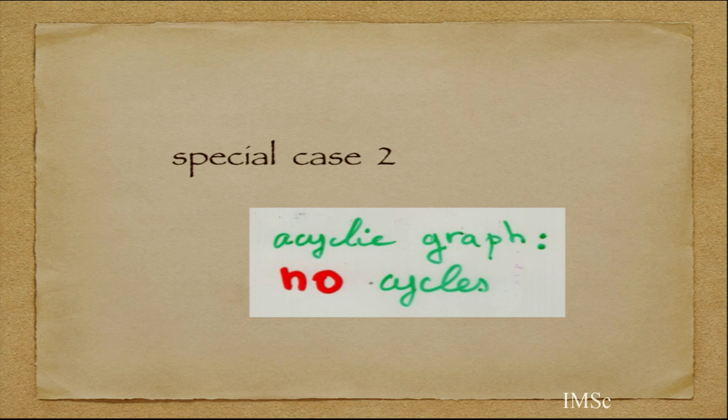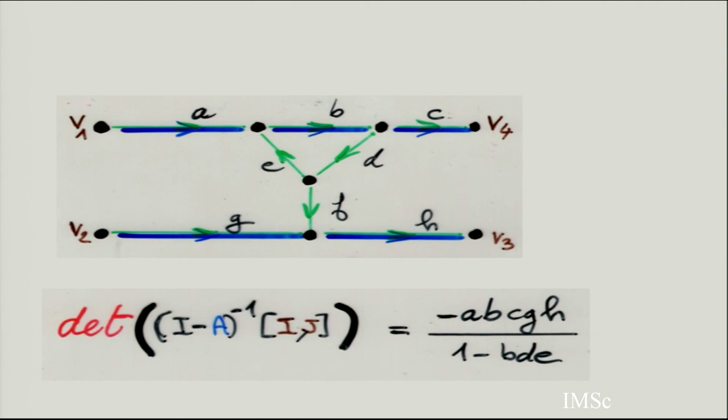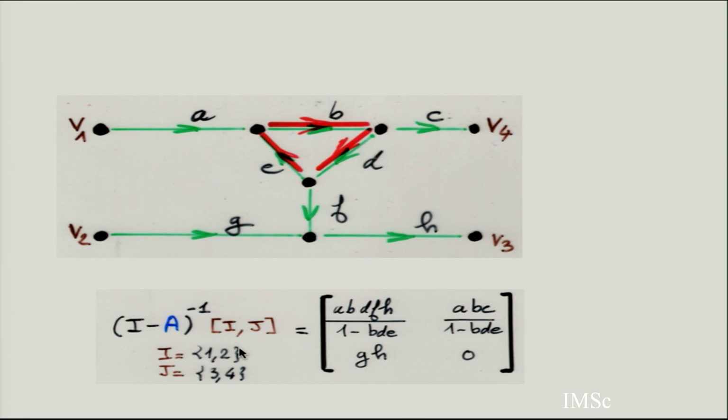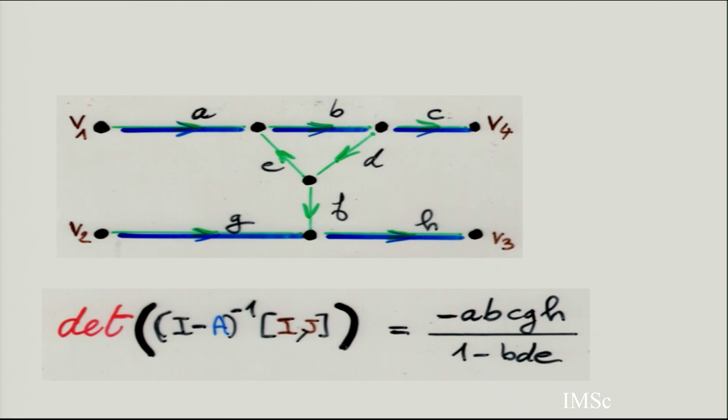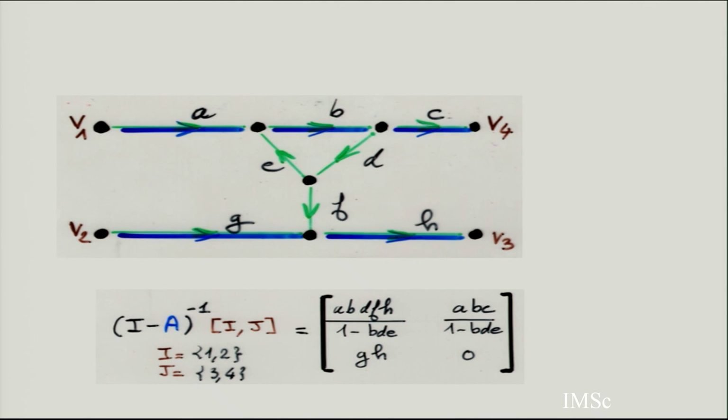This comes with a minus sign because the permutation is exchanging 3 and 4. Yes, 1 goes to 4 and 2 goes to 3. And because the matrix order was 1, 2, 3, 4, the minus comes from the transposition. And there is no path which goes from 1 to 3 and 2 to 4 simultaneously.